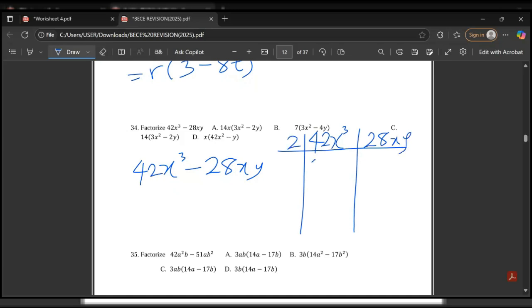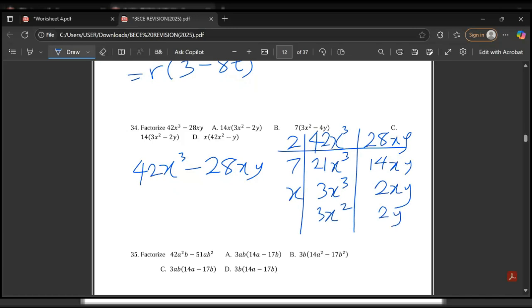This will give us 21x cubed and 14xy. 7 can go, 7 into 21. That is 3x cubed and then 2xy. No number can go again. The next thing is x. That's going to be 3x squared, then 2y.